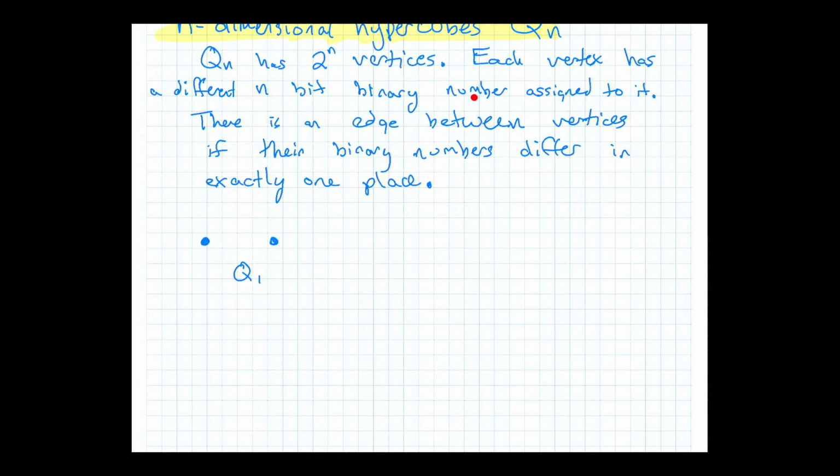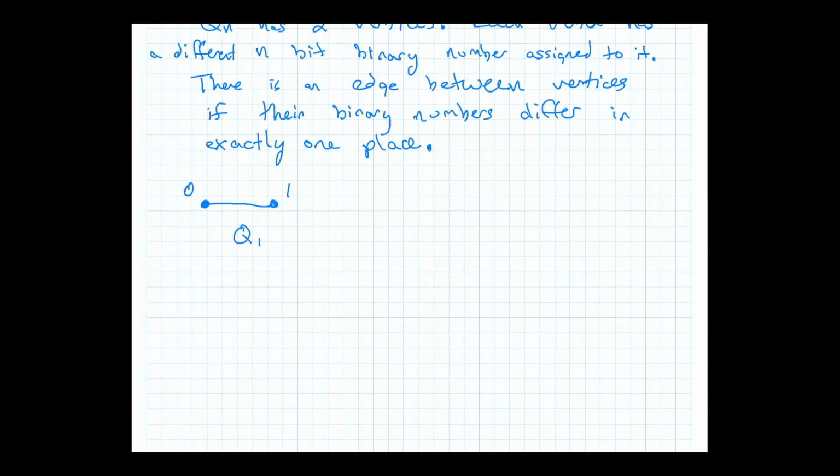So a 1-bit binary number: this one must be 0 and this one must be 1, right? They're 1-digit binary numbers. We're using zeros and ones. And then there is an edge between vertices if their binary numbers differ in exactly one place. Well, there is only one place, right? This one's a 0, this one's a 1. So they differ in one place. 0 and 1 are different. So there should be an edge. So there you go. That's a one-dimensional cube.